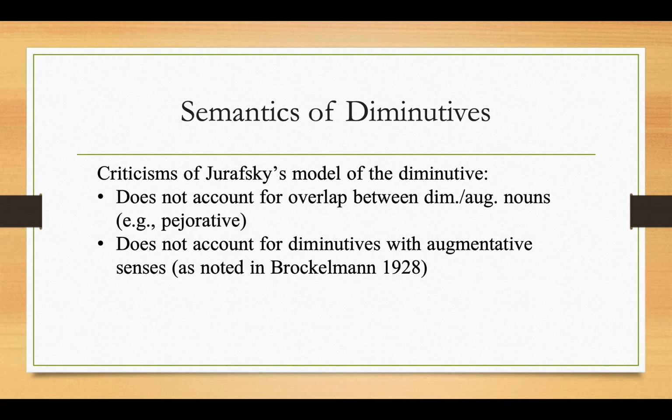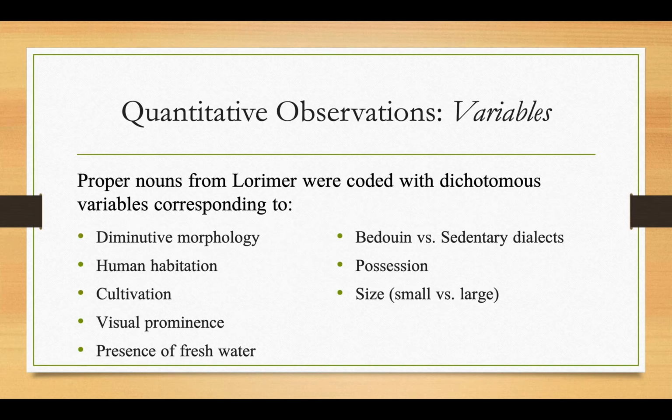In addition, Jurafsky's model does not account for the fact that diminutives can have an augmentative sense. So Brockelmann, in his study of Arabic diminutives, does point out that most Arabic diminutive forms can be used in an augmentative way.